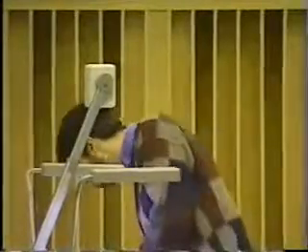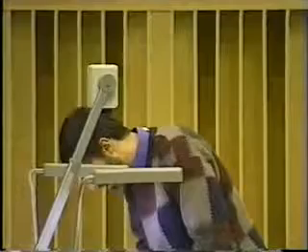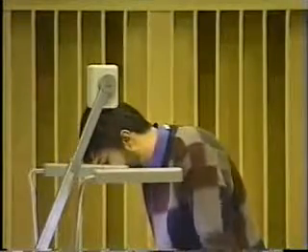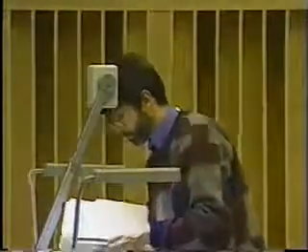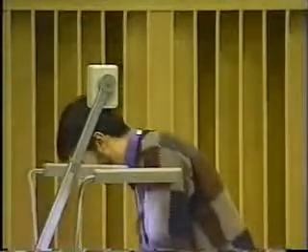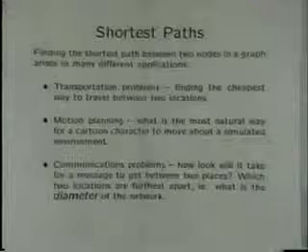Let me just spend a few minutes introducing the next topic, which is finding shortest paths in graphs. We've talked about spanning trees.